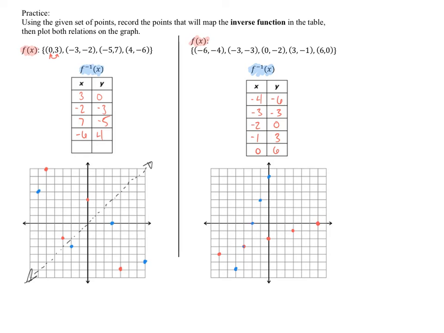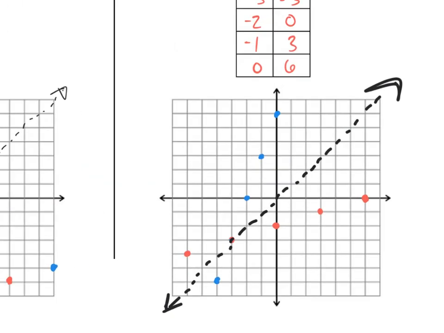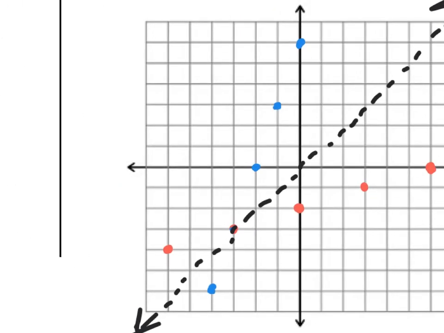And again, if I draw in that line y equals x, you can see that one is being reflected over this line and becoming the other, right? Doesn't matter which one you start with, they're both just reflections of each other over that line. One important point here to take a look at is this point, -3, -3.